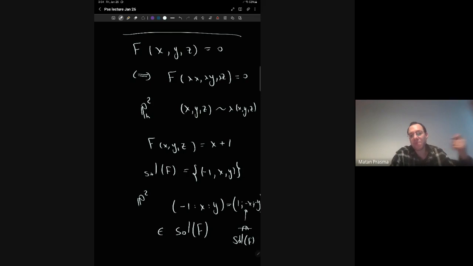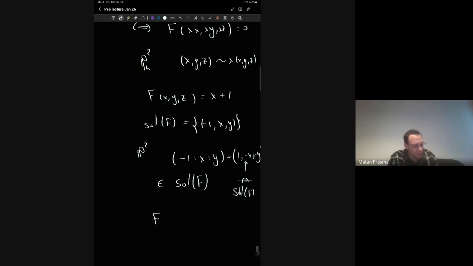So the point of homogeneous polynomials is that it's the only sensible way to talk about the solution set of polynomials in the projective plane, because I have to have a polynomial with the property that if x, y, and z is a 0, then also lambda x, lambda y, lambda z is 0.